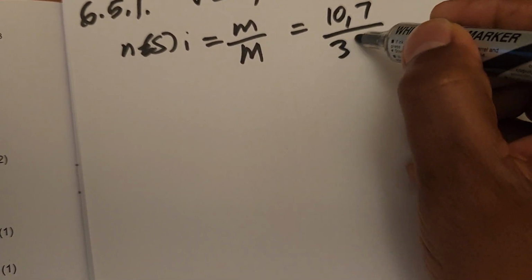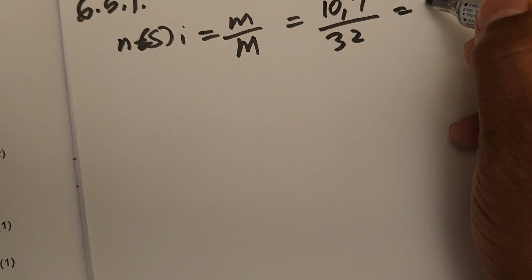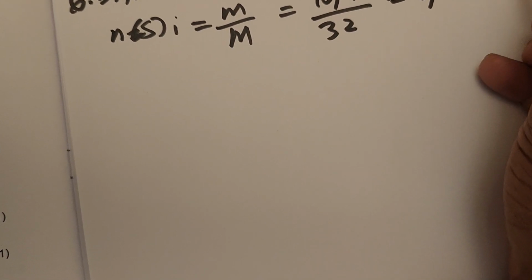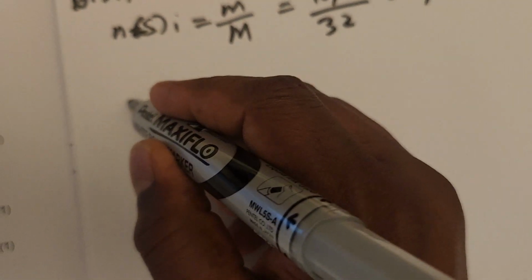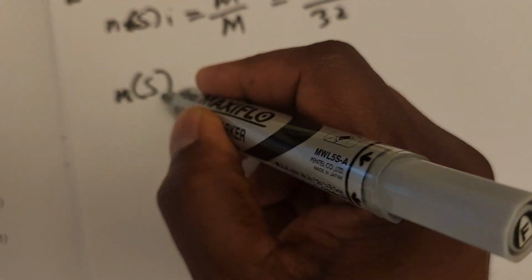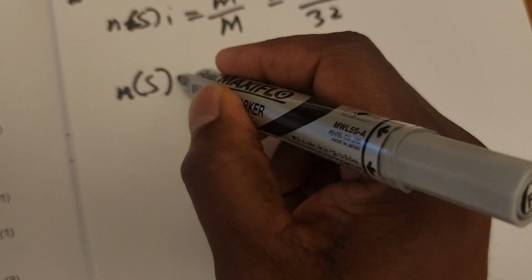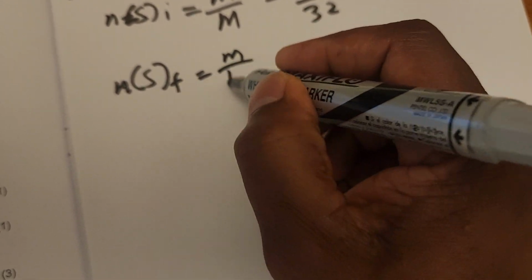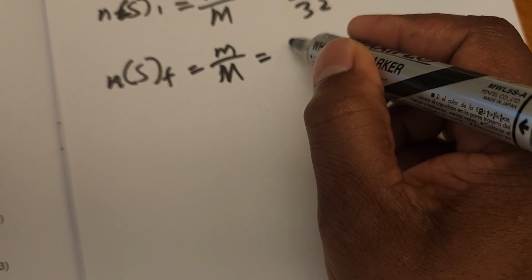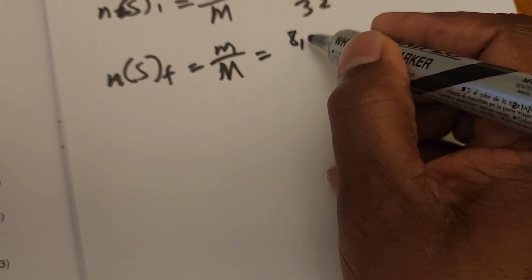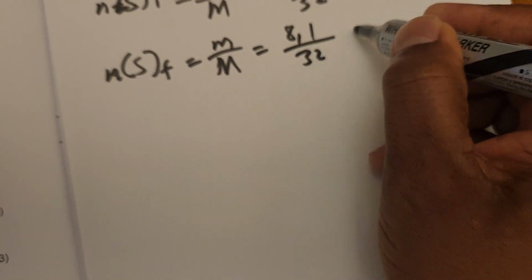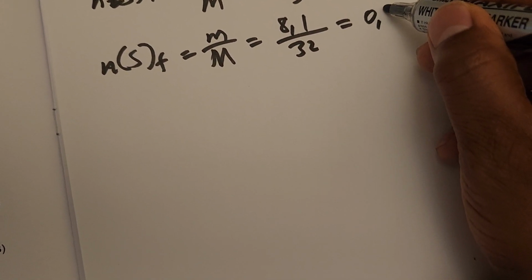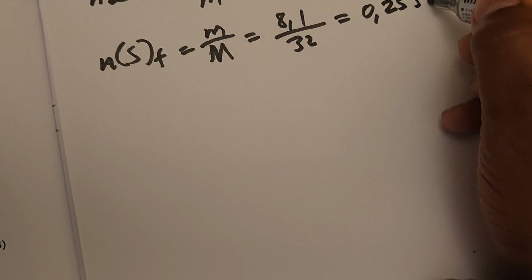The mass of sulfur is 32. Therefore, we find 0.334 mole as the initial amount. The final mass of sulfur when we reach equilibrium: we are having 8.1 divided by 32. Then you get with your calculator 0.253 mole.